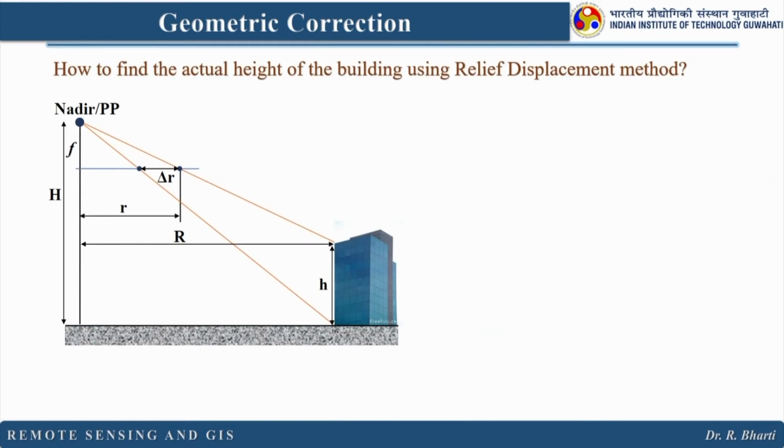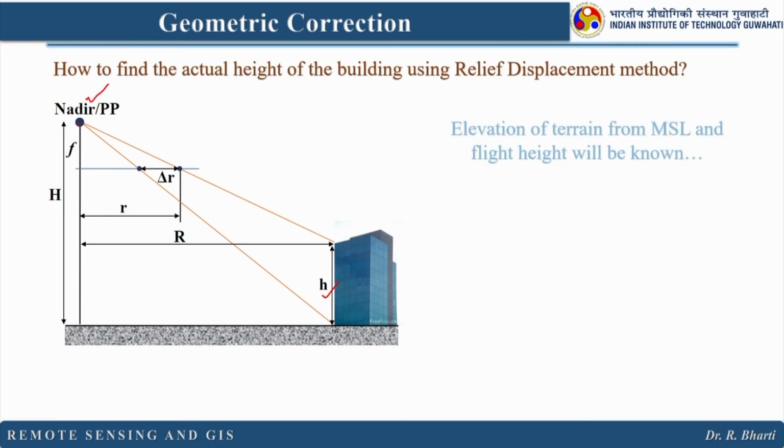So, for an image where the nadir pixel is different or away from your target, here you can see this is the nadir of this particular image, and this is the small h of this building. All this information can be used.